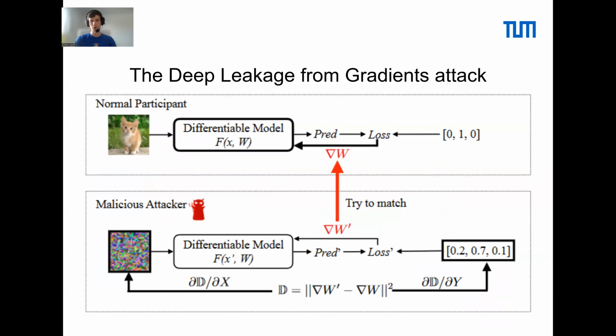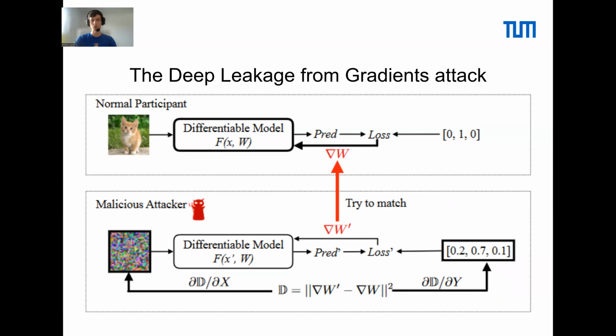The second attack that we test here is the deep leakage from gradients. And the idea here is that the client or the central server that's been compromised captures the gradient shared by another participant. And this gradient corresponds to an image that the participant uses to train the model.